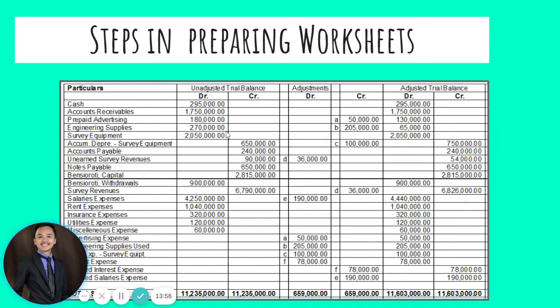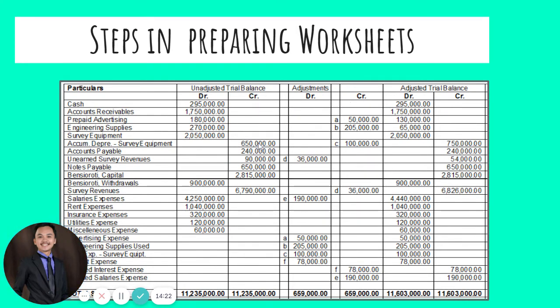The same rule will be followed for our engineering supplies. For our survey equipment, you just follow. And then for our accumulated depreciation, in our unadjusted trial balance we have a credit balance of 650, and then we also have a credit adjustment. So to adjust, you just simply add, since we have similar signs, credit.